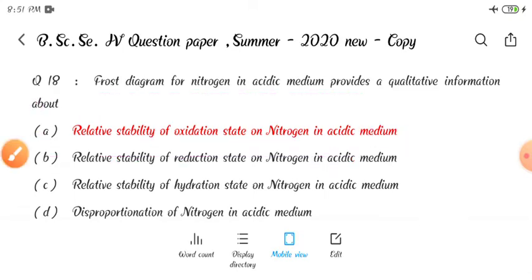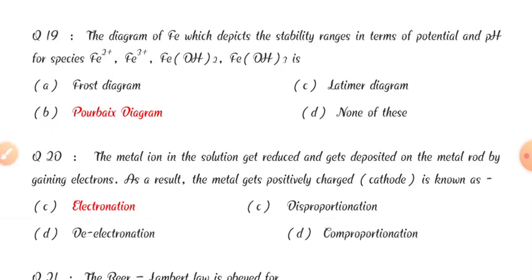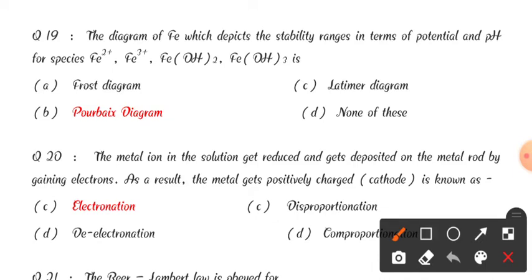Now next question friends, that is question number 19. The diagram of Fe which depicts the stability ranges in terms of potential and pH for species, that is Fe2+, Fe3+, Fe(OH)2 and Fe(OH)3, is option number B, that is Pourbaix diagram. Option number B is the correct answer.